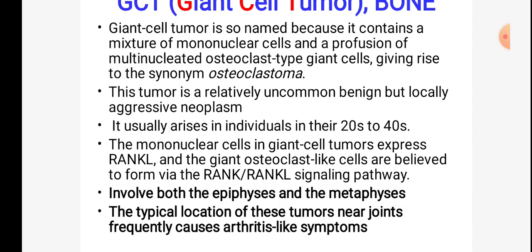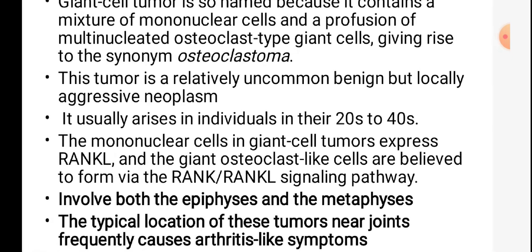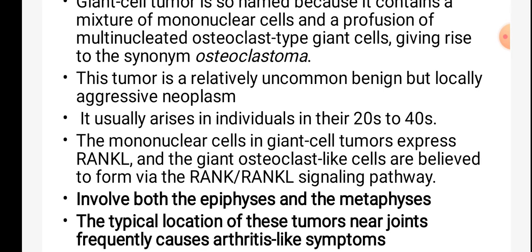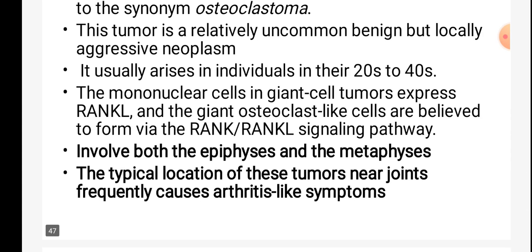The mononuclear cells in the giant cell tumor express RANKL, and the giant osteoclast-like cells are believed to form via the RANK-RANKL signaling pathway. They involve both the epiphysis and the metaphysis. The typical location of these tumors near joints frequently causes arthritis-like symptoms.